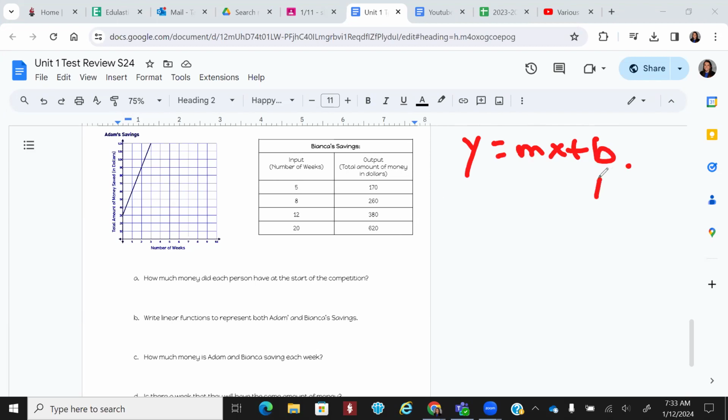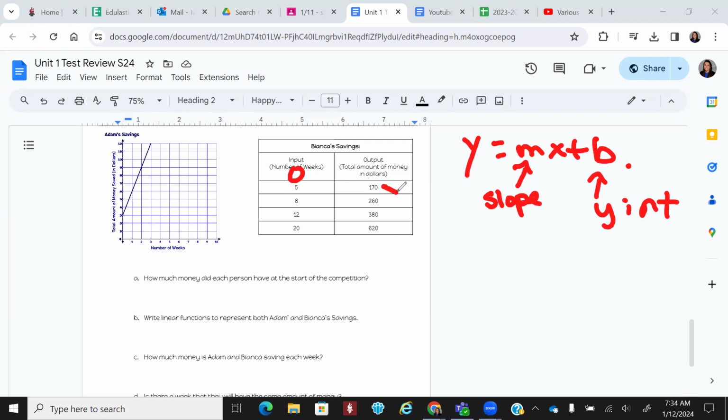How did we find m and how did we find b? Tell me what m stands for. Rate of change, so slope. And what does b represent? Good, y-intercept. The y-intercept is when x is 0. But we've got to find the rate of change.